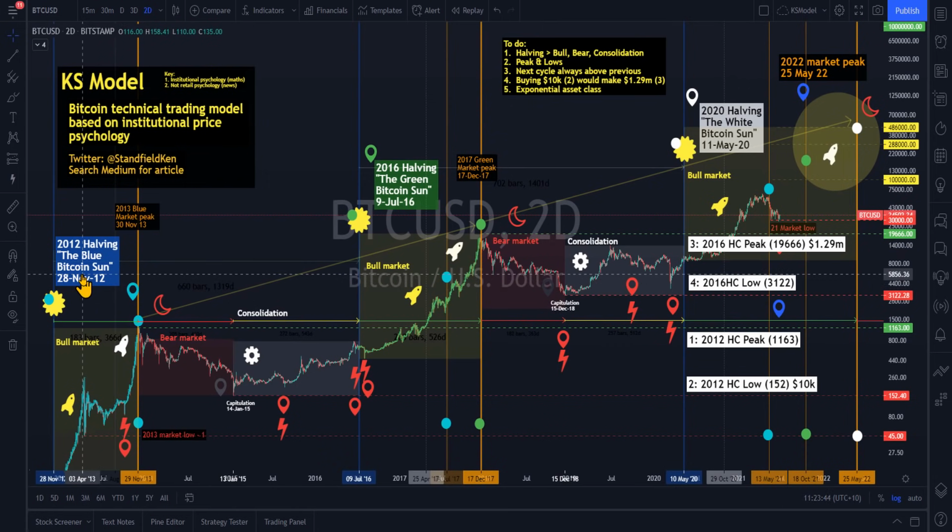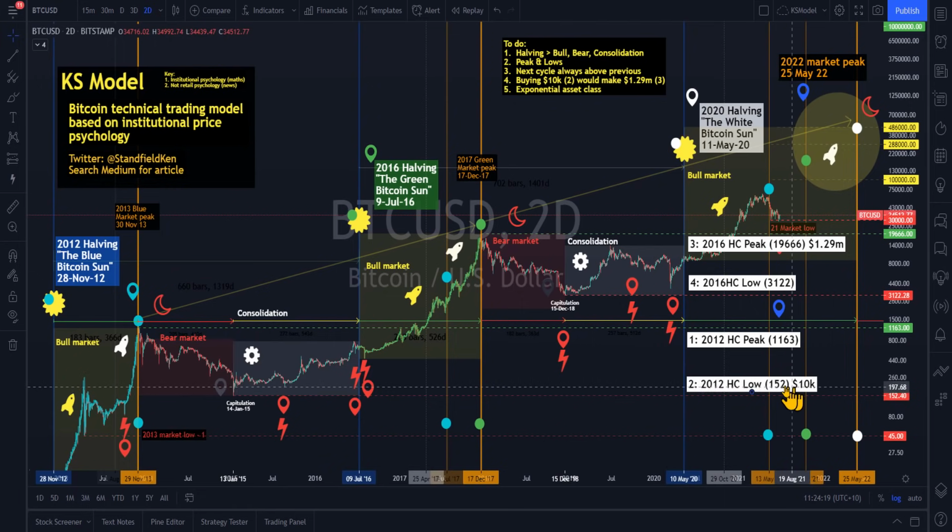The 2012 halving cycle peak was this green line here running along at $1,163. After the rocket hit the moon and the moon said, "Good on you, rocket, go back to Earth and reprogram for the next launch," what happens is that it goes down in value, capitulates, and that hammers in the low. The 2012 halving cycle low was $152.